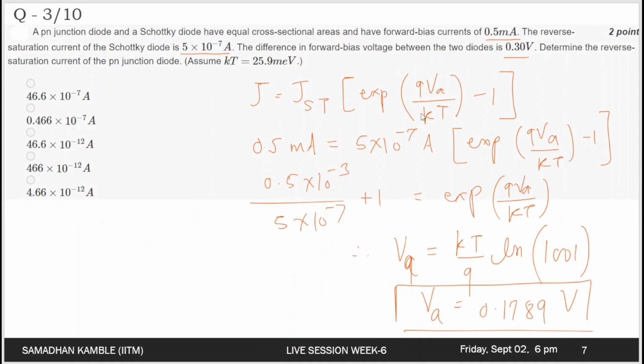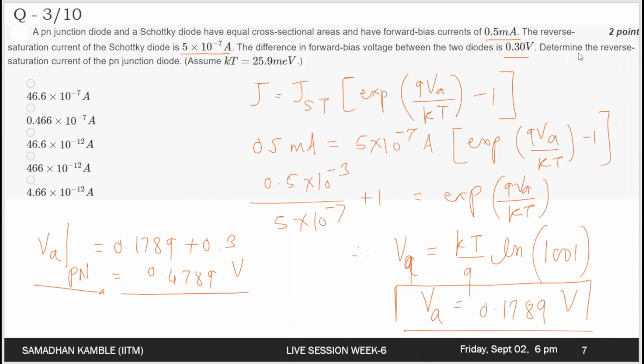So VA for the PN junction would be the VA for the Schottky diode plus the difference, 0.1789 plus 0.3, that is nothing but 0.4789 volt. So we got the VA for the PN junction.